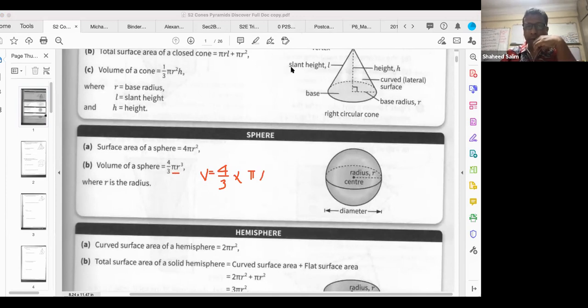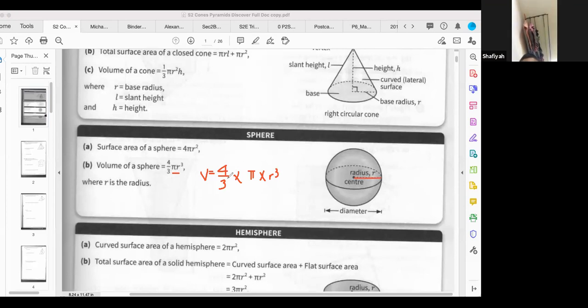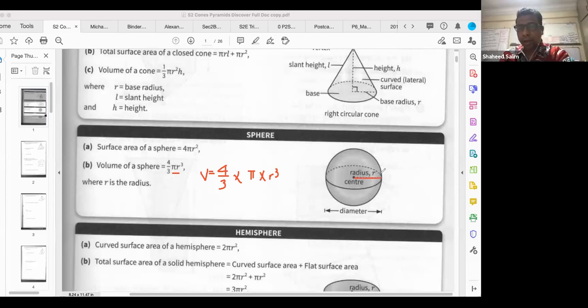So the radius itself, take 4 divided by 3 times pi times r times r times r.